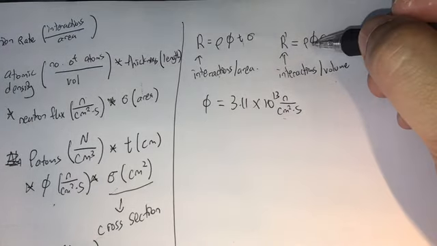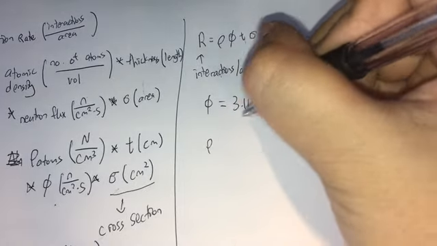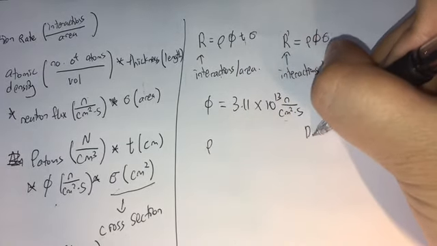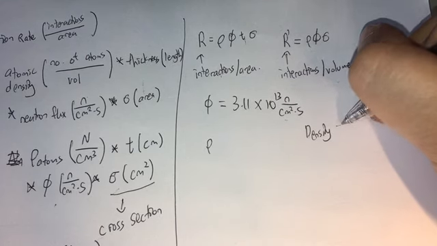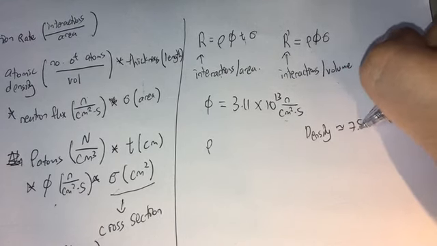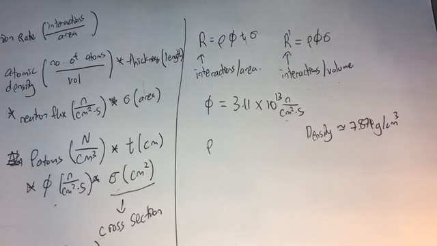How do we then calculate the atomic density of iron? We find that the density is on the order of 7.874 grams per cm cubed. This is the mass density.